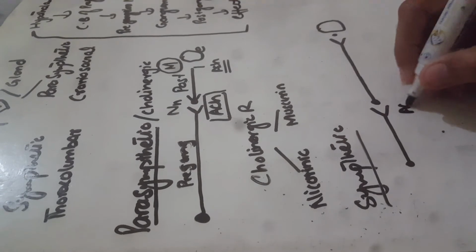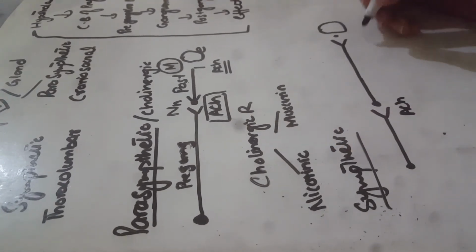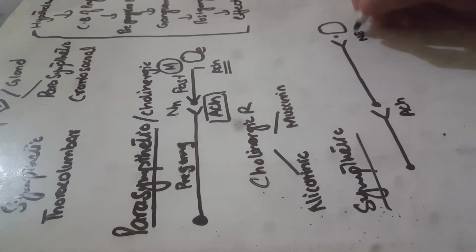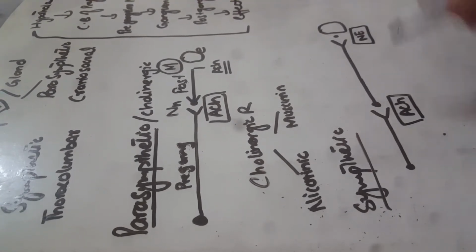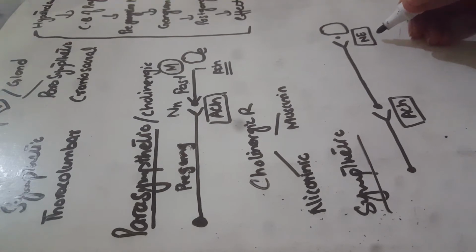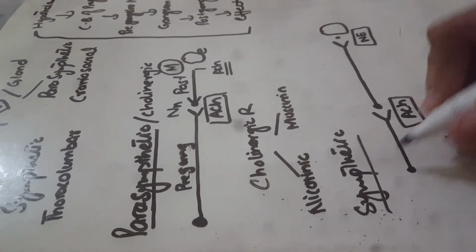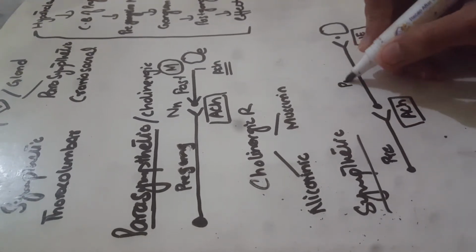This is acetylcholine, same as this, but here at the effector organ we have the neurotransmitter norepinephrine. Sympathetic is cholinergic at the ganglion, but there is also a mild adrenergic component, that is norepinephrine, right? So here we have short preganglionic and long postganglionic.